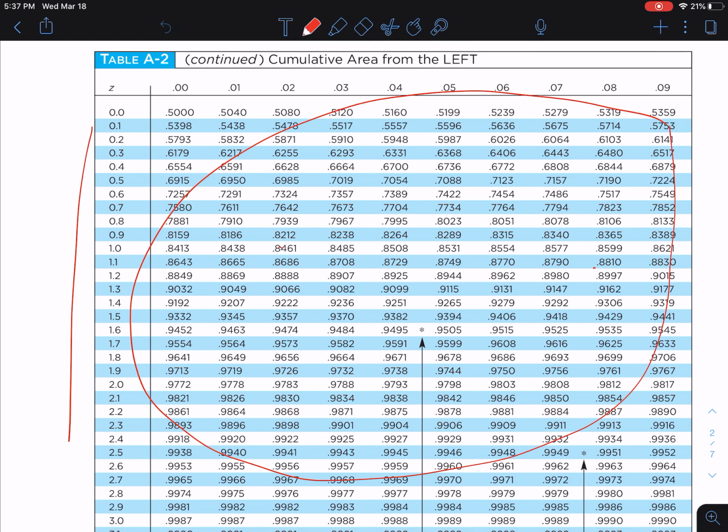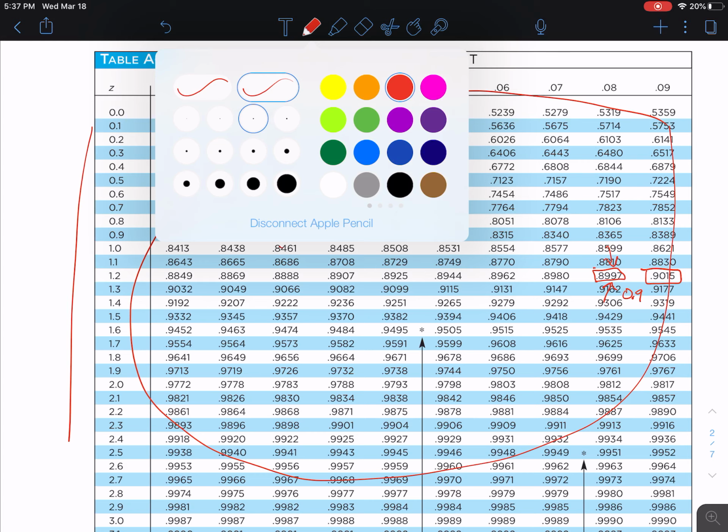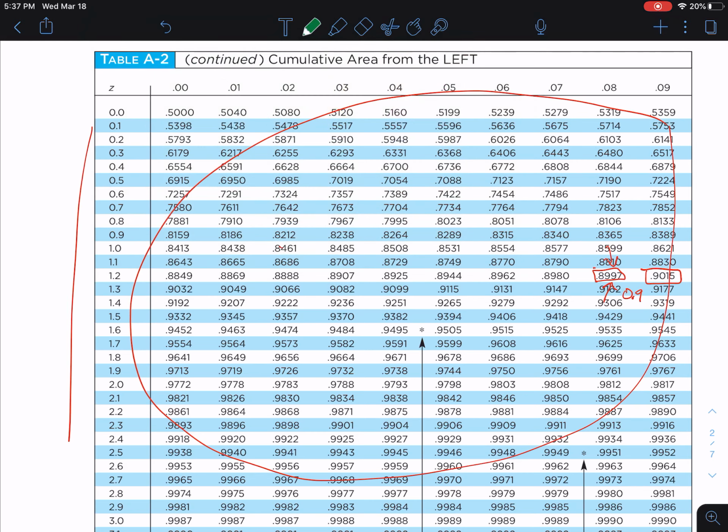Let's look for 0.90. So I see 0.8997, and I see 0.9015. We're gonna go with the one that's nearest to 0.9. So 0.8997 is gonna be the closest one here, and then we're gonna backtrack that to a z-score.